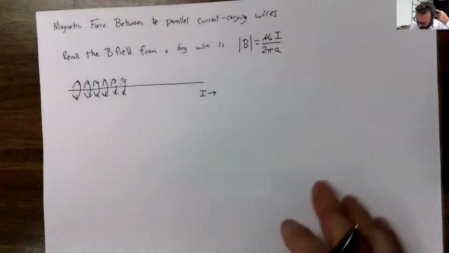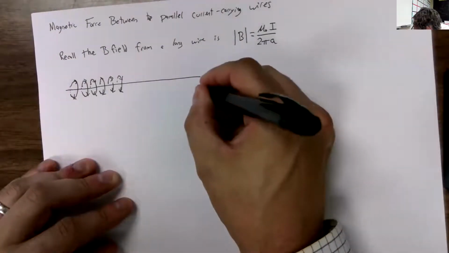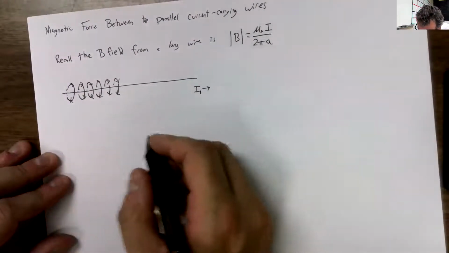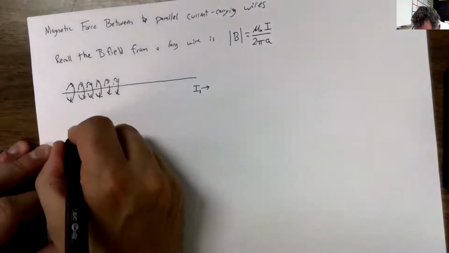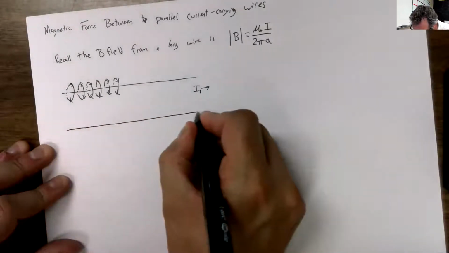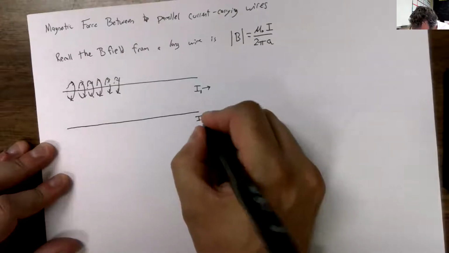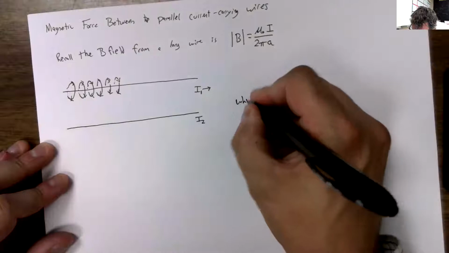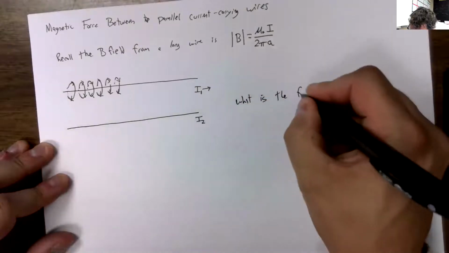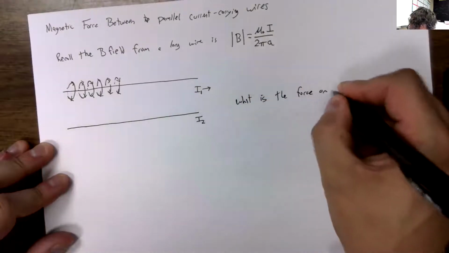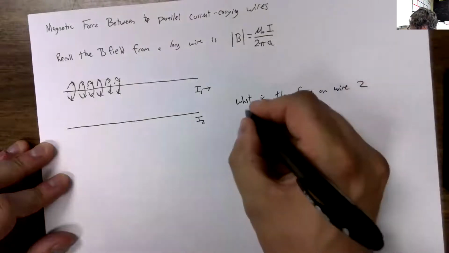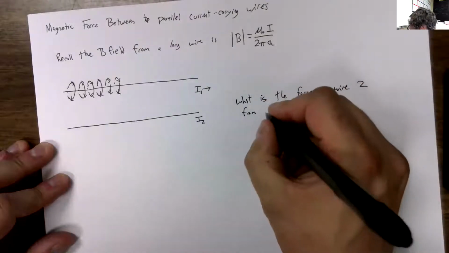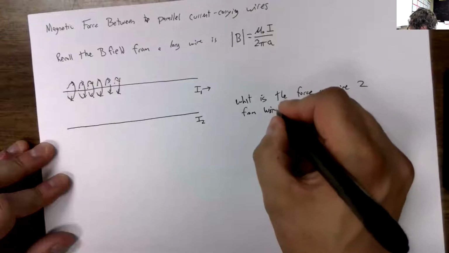So now let's look at another wire. Let's call this one I1. This is our wire 1. So let's find the force that this wire feels from the magnetic field B1. So what is the force on wire 2 from wire 1's magnetic field?